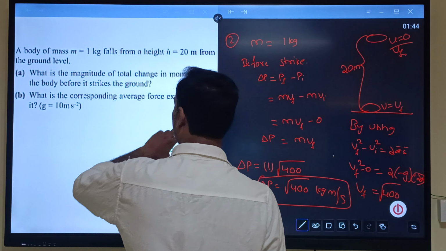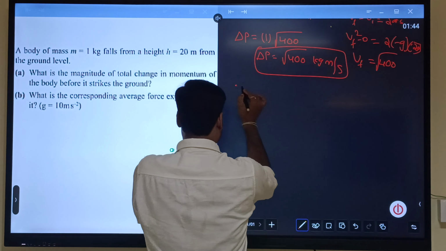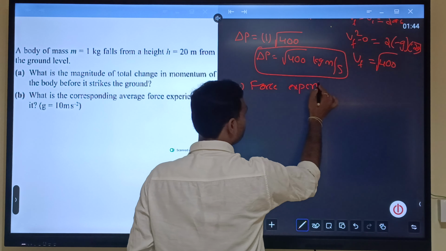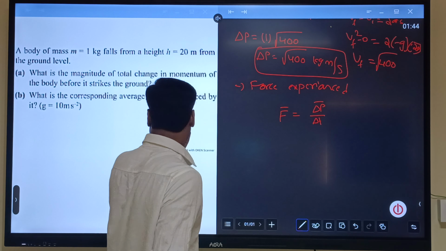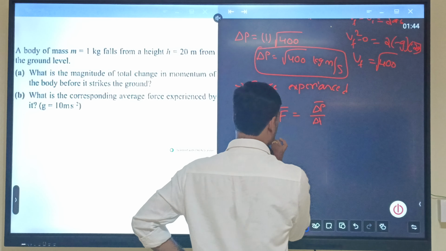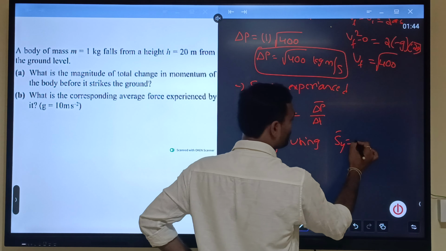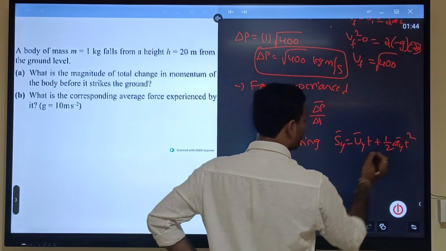Then what is the corresponding average force experienced by it? Now we know that force is equal to change in momentum by time, and here the time value we can find by using s is equal to u t plus half a t square.